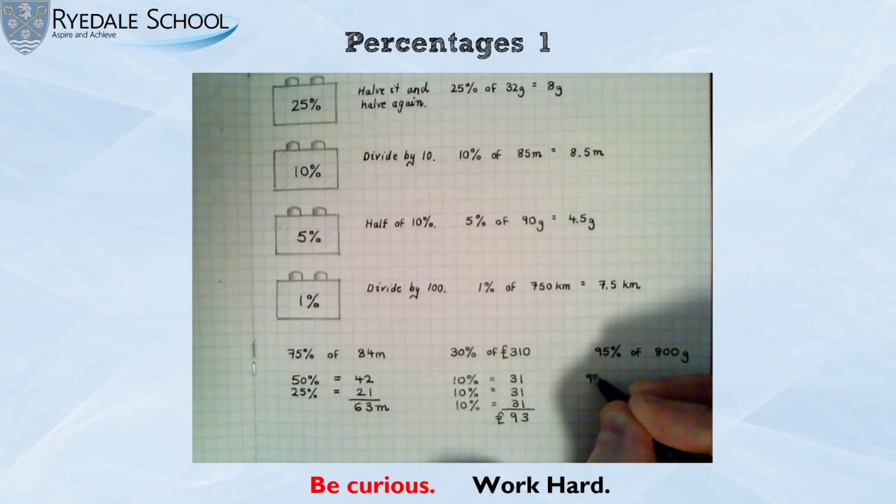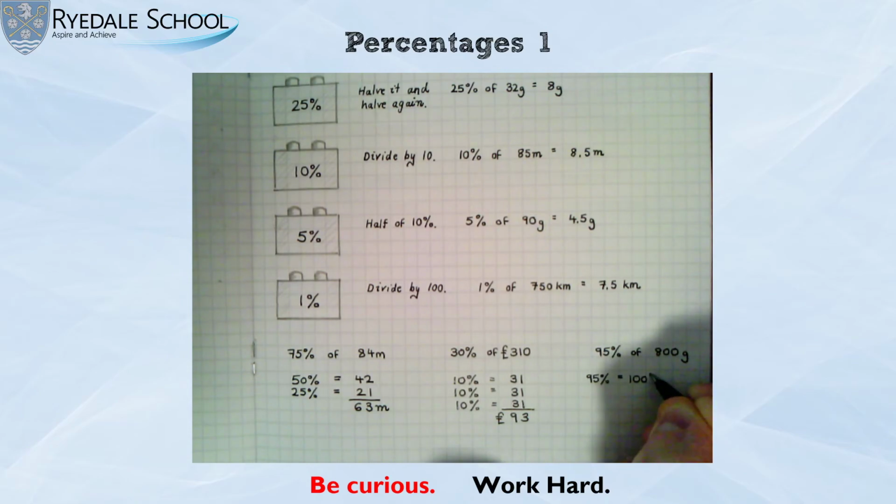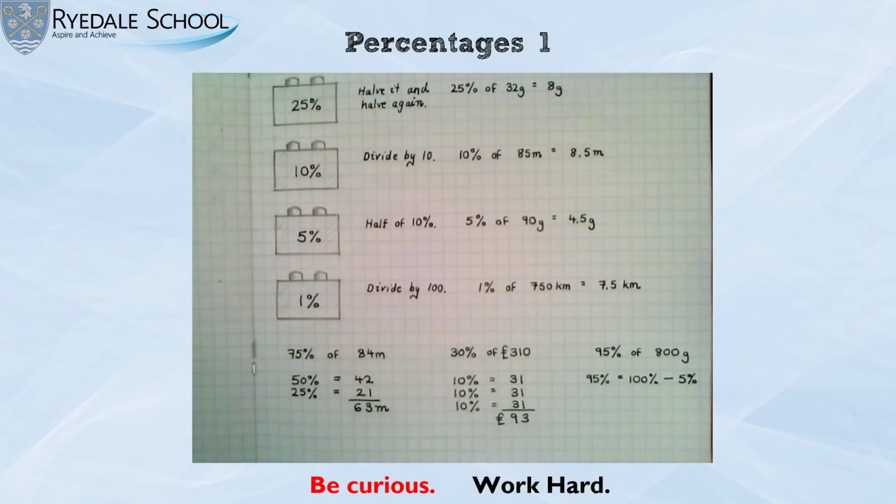Because 95% is 100%, the whole thing, take away 5%. So if I can work out what 5% is, I could take that value and knock it off the 800, and that will work out 95% for me.